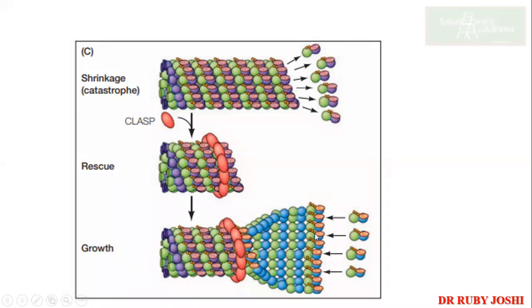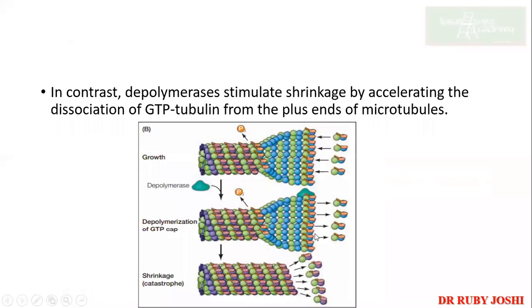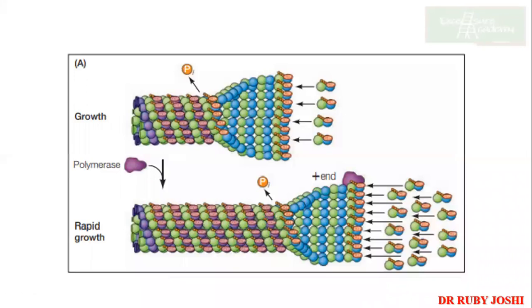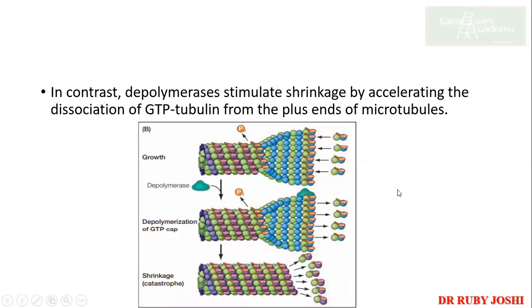Did you get it? So these are the three ways by which microtubules can grow and shrink. The first is where MAPs are acting as a polymerase, binding the GTP bound tubulin molecules. What is happening in the second? Depolymerization is happening, okay?